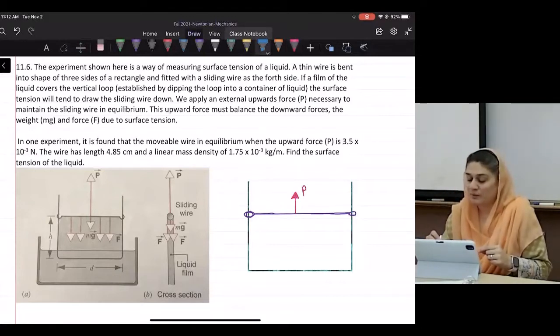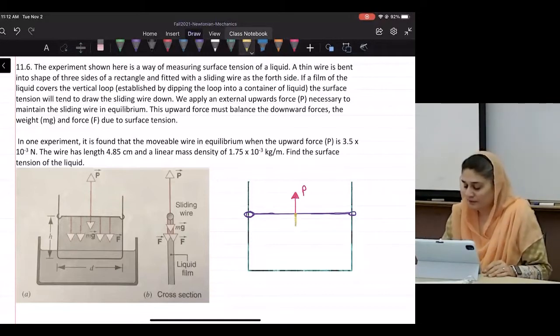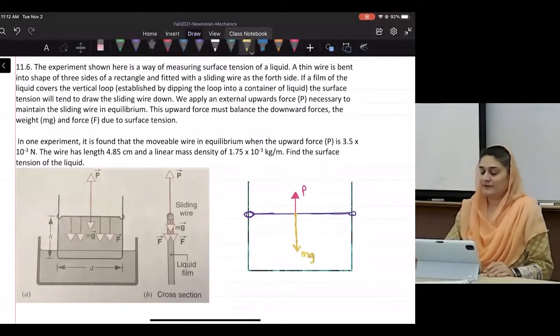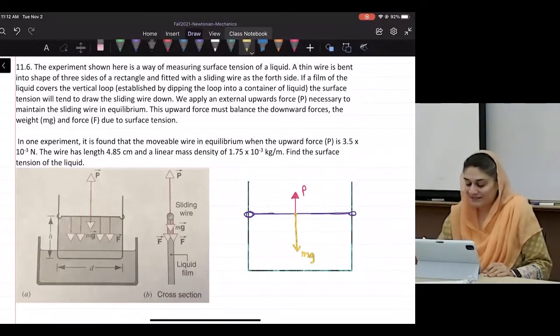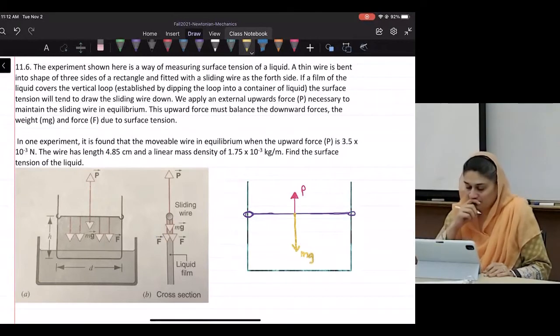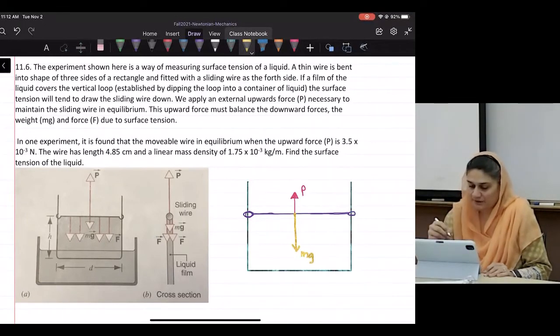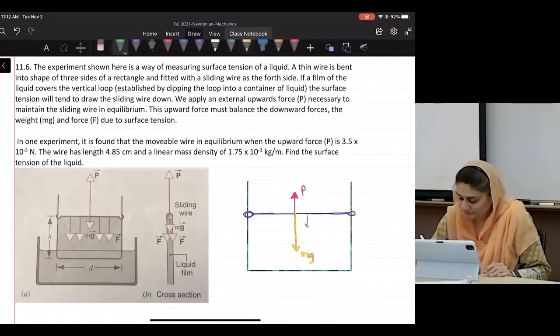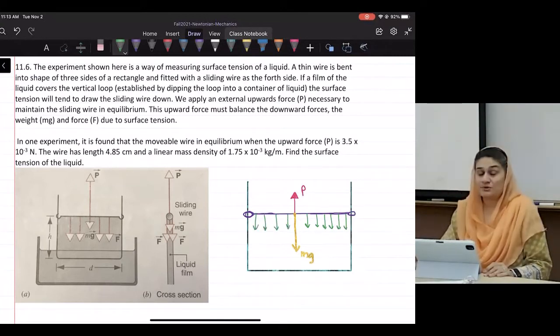There will be a weight, as always, of this wire that's acting downwards, right? And then there will be a force that acts downwards. Color change, green. Okay, green. Thank you. That will act downwards, bringing it down due to the surface tension.